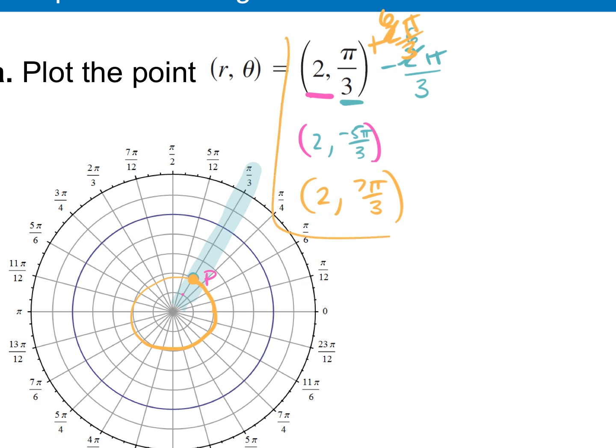So all 3 of these coordinates end up in that same spot. These are all coordinates for that same point P. So for the negative one here, if we went down, we would go from 0 and we'd go down 5π/3. So we'd go this way to the point.